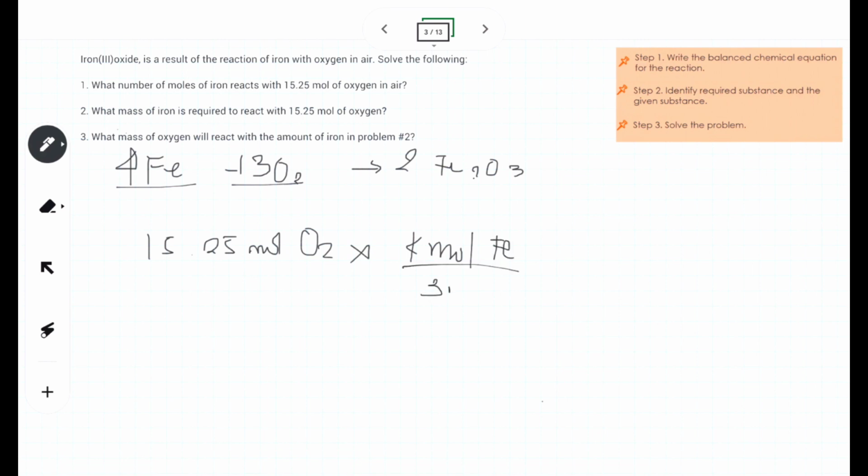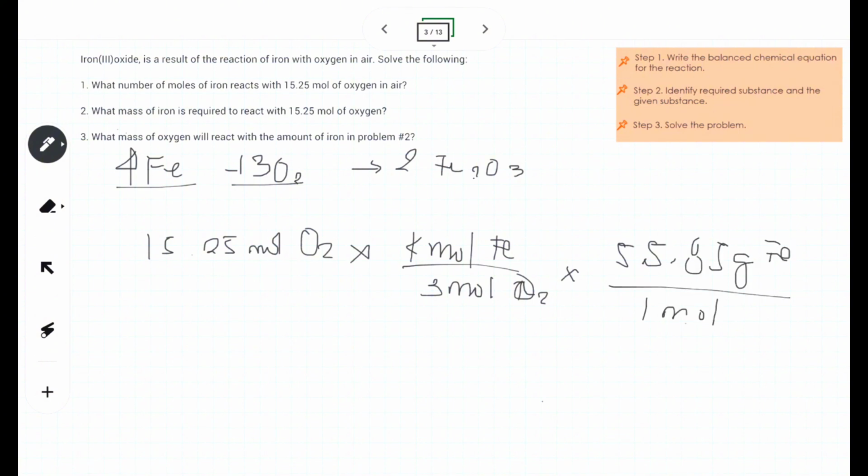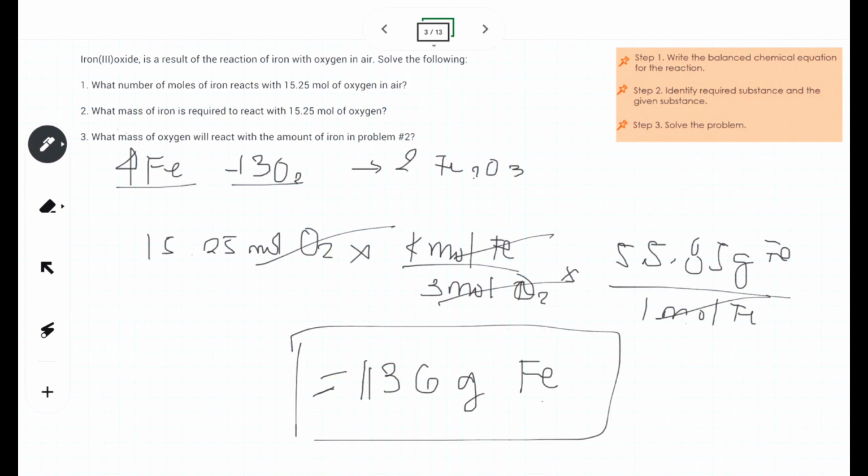So, we have 15.25 moles times 4 moles of iron over 3 moles of oxygen. Next, to convert moles to grams, we use the molar mass of iron, which is 55.85 grams per mole. Now, we would get 1,136 grams of iron.